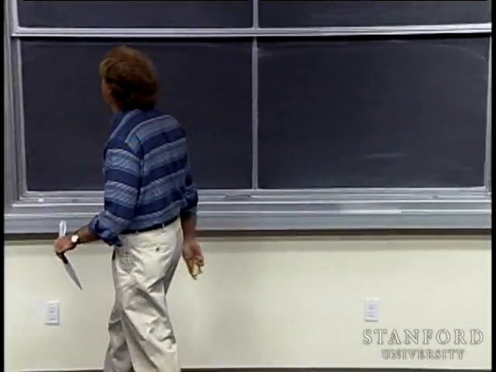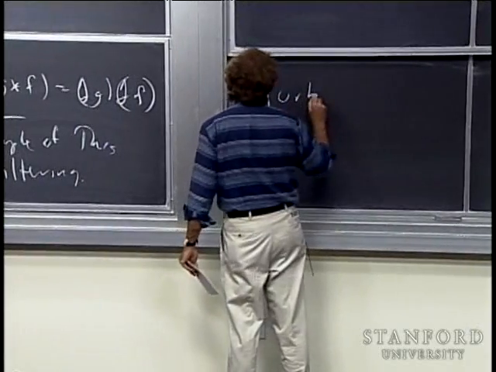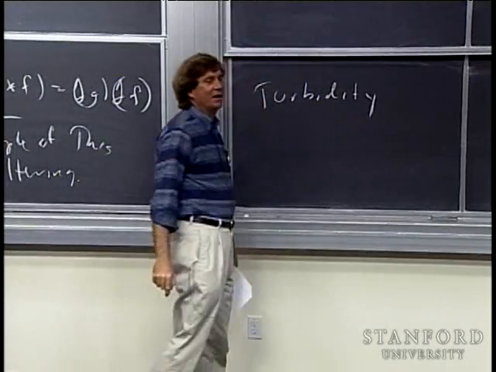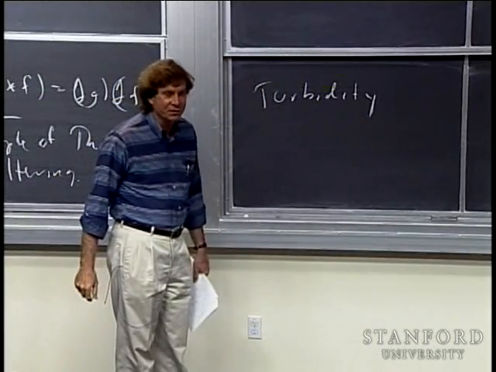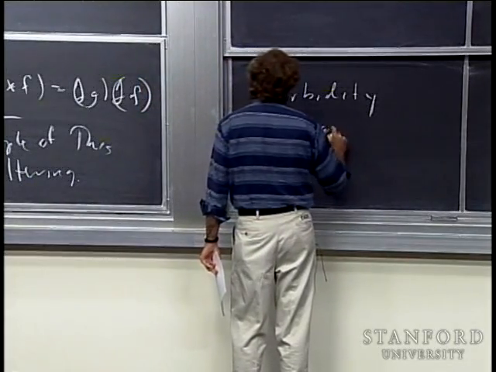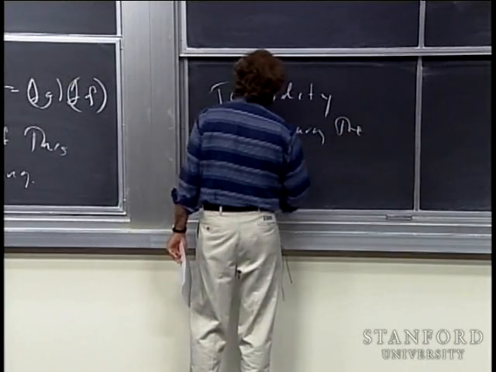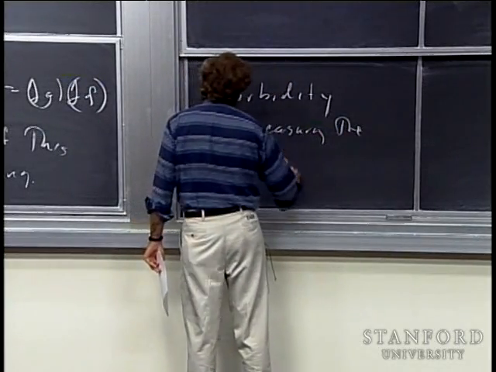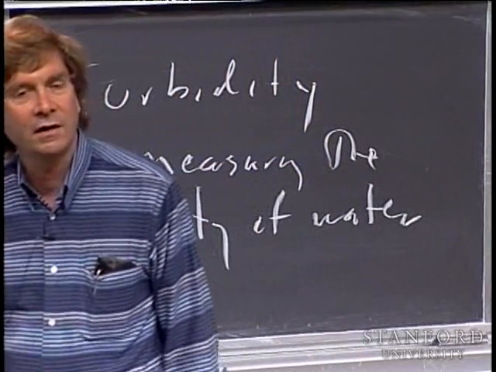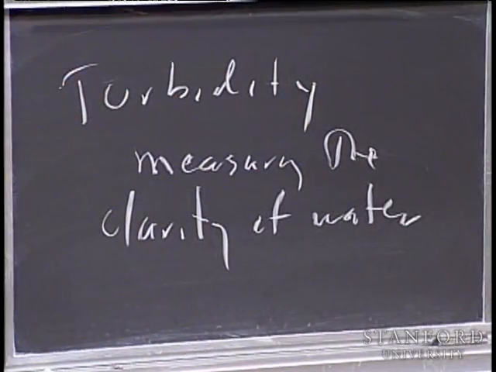Turbidity is a study of, I don't know whether it's a measure of the clearness of water or the murkiness of water, but it has to do with measuring the clarity of water. The idea is that particles are suspended in water and light scatters off of the particles, and you measure how light scatters.